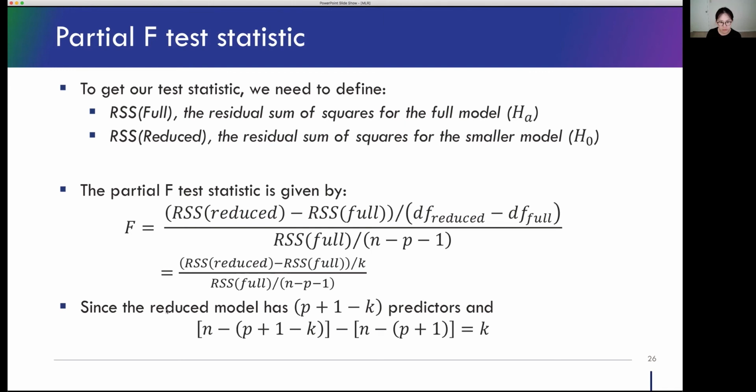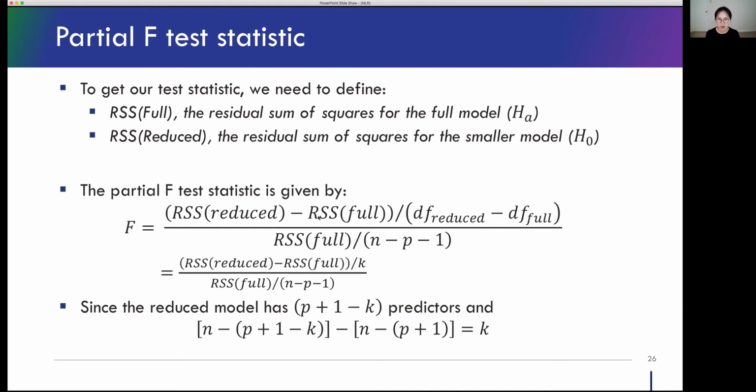For example, the full model has p plus 1 degrees of freedom because we have from beta 0 to beta p. That's p plus 1, right? In the reduced model, we set k of them being 0, so the rest would just be p plus 1 minus k. Then the difference of the degrees of freedom for the reduced model and the full model will just be k.